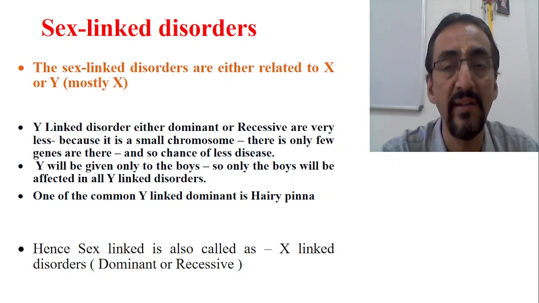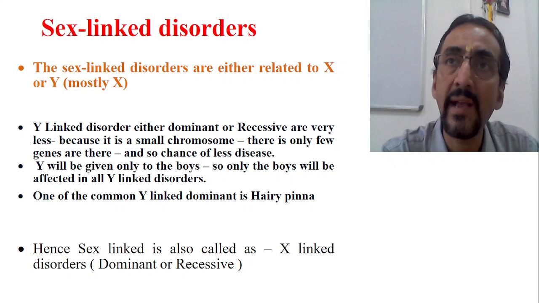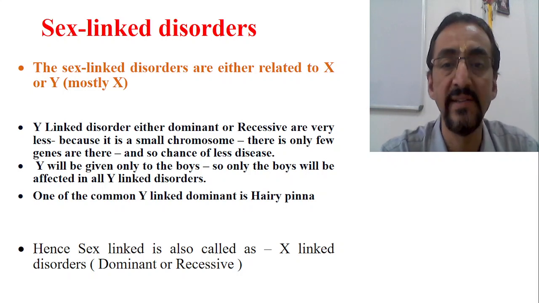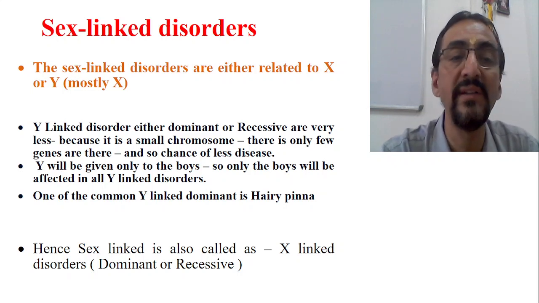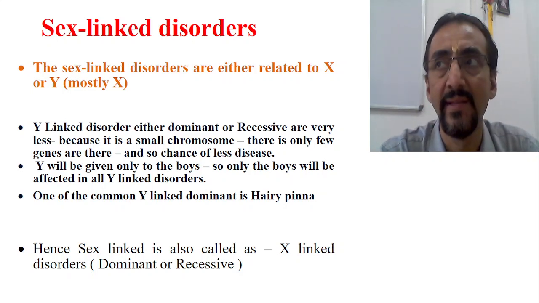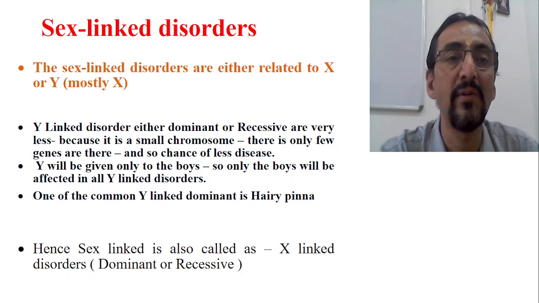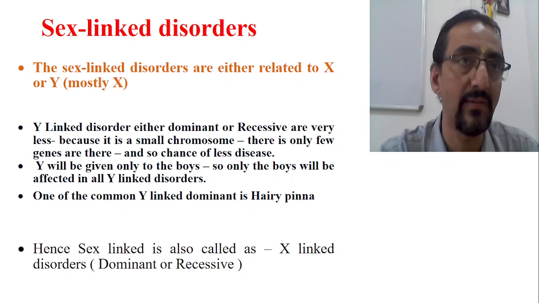Both are less. Why? The reason is Y is basically a very small chromosome and it actually contains very few genes. Since there are only a few genes, the chance of getting a disease is actually less. Therefore, the Y has not been given much importance there. Sex-linked disorders are also called X-linked disorders.